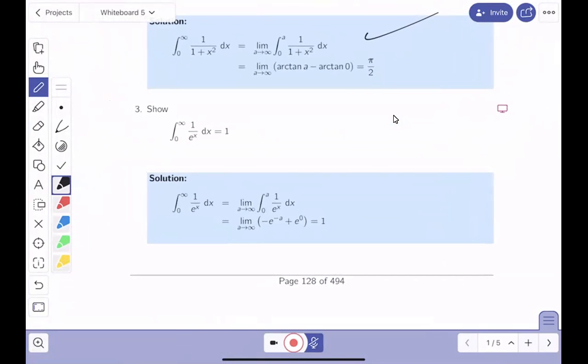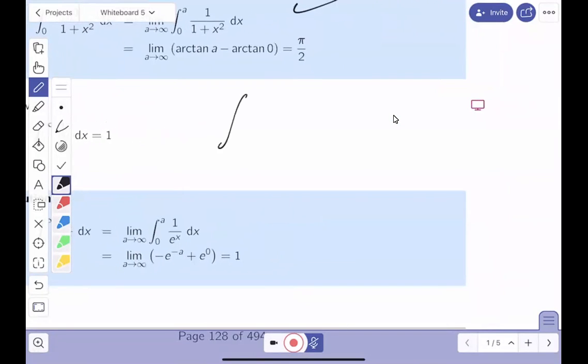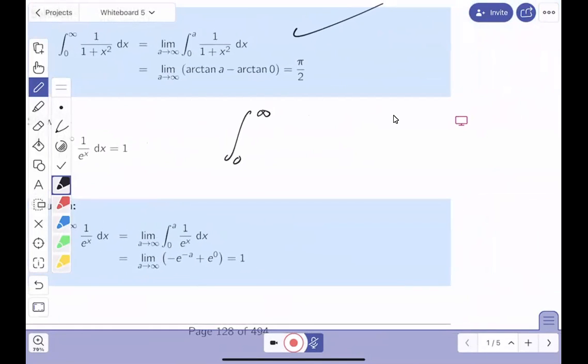All right, let's do this one over here. They want me to show it's equal to 1. And again, 1 over e to the x is defined for all real numbers. So I'm going towards infinity. That's why it makes it improper. So I'll write this over here. This can be 0 to infinity, and that's 1 over e to the x. I'm just going to put down e to the minus x dx. This can be written as a limit as a goes towards infinity.